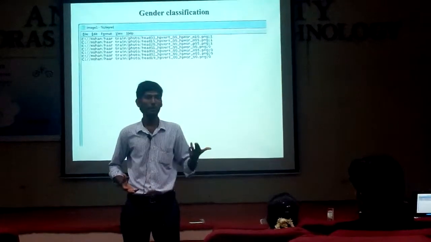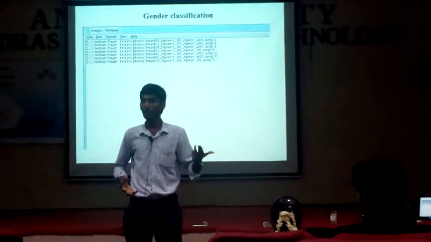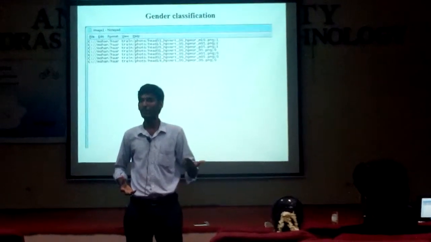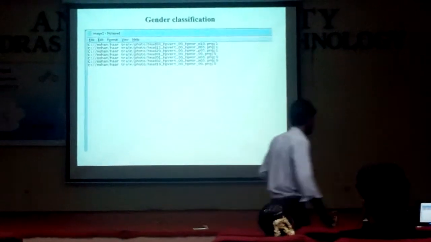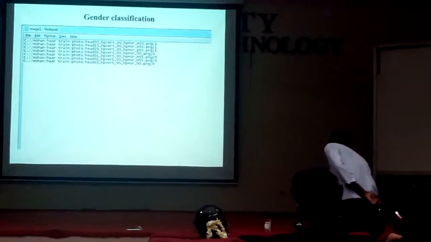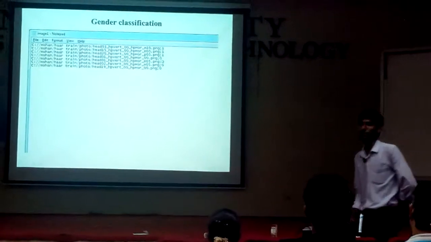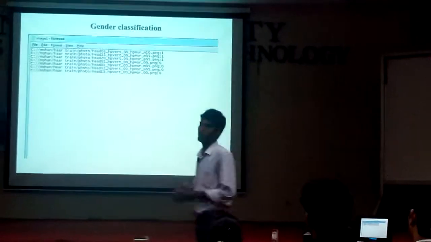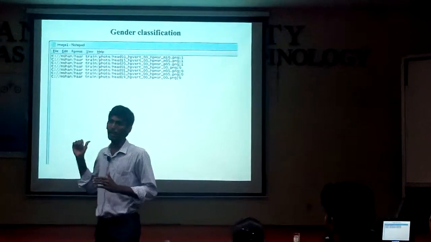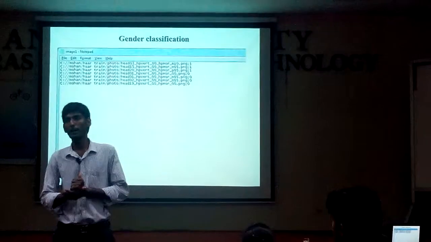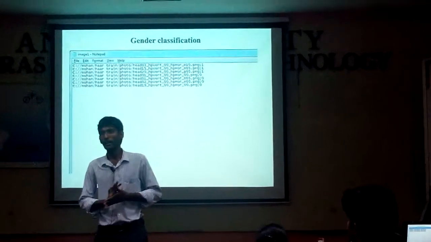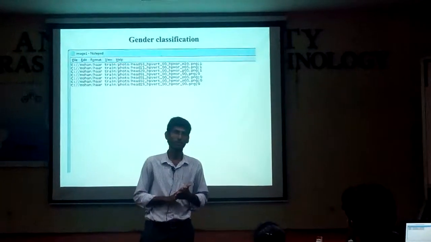When I give the input image, the system has to tell whether it is male or female. For the training purpose, I have given the label 0 for the male person and for the female I have specified the label 1. What format have I used here? I have used the CSV file because it is simple and platform independent.